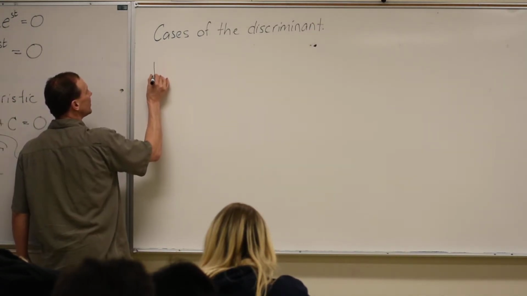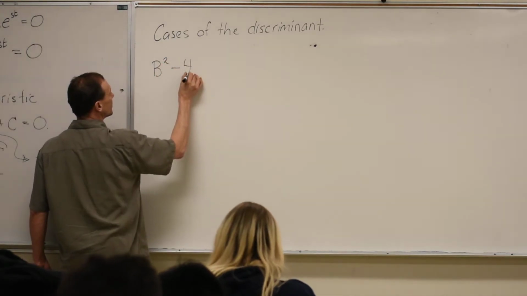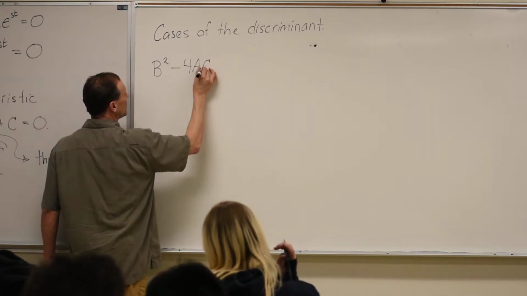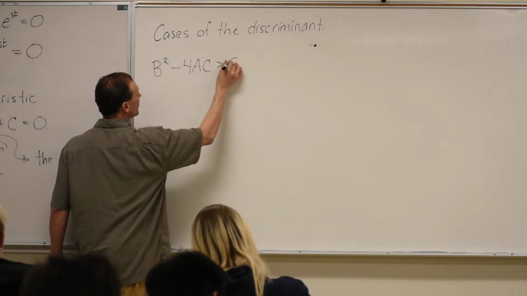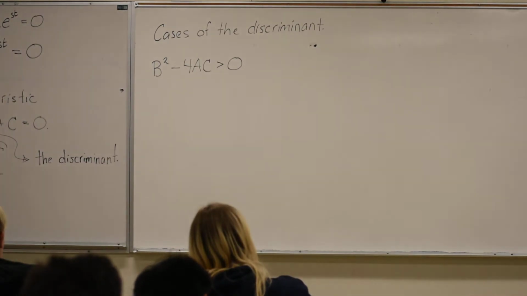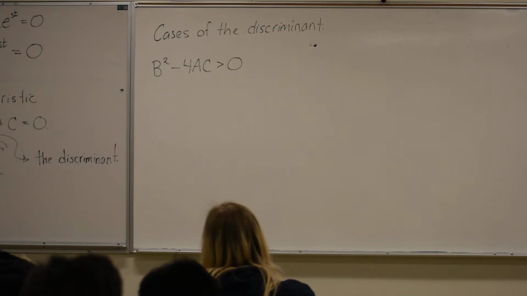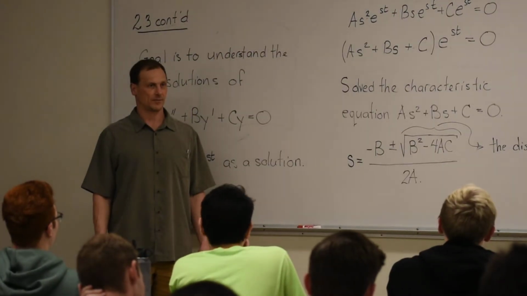Let's start with b squared minus 4 times a times c is greater than 0. If it's greater than 0, what kind of number are you going to have?